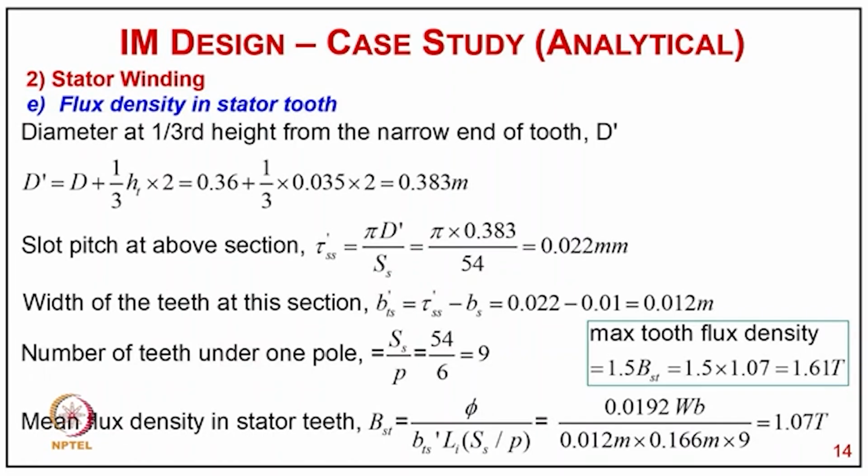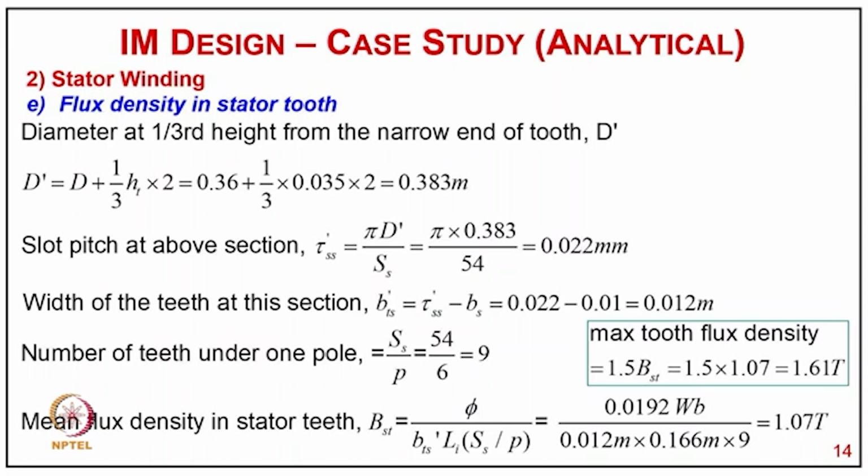So the width of the teeth at this section will be BTS dash equal to TS dash minus BS. Putting the value, it comes 0.012 meter, and the number of slots under one pole is SS upon P, 54 by 6. So it comes 9 slots under one pole pitch for all 3 phases.